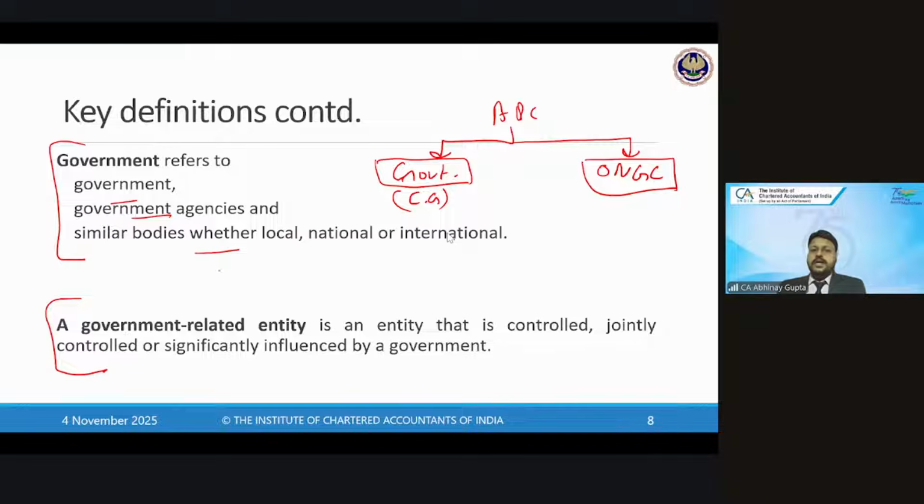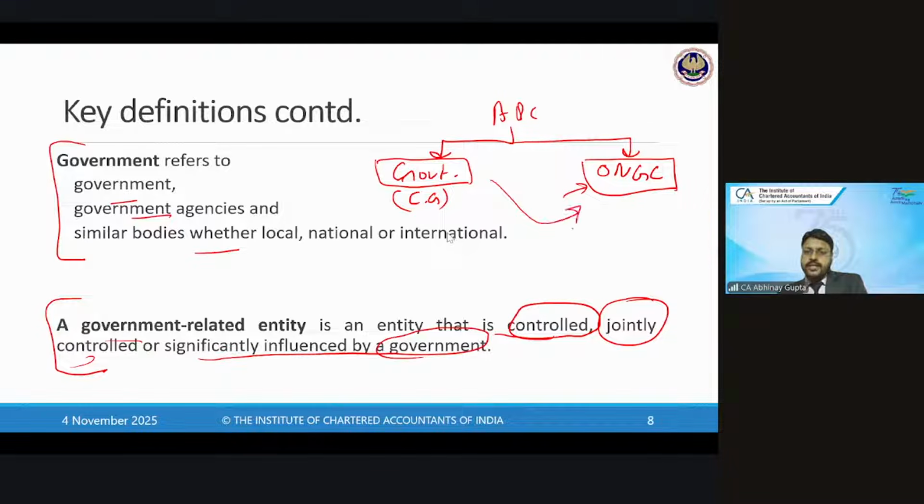A government related entity is an entity that is controlled, jointly controlled, or significantly influenced by the government. If the government has a controlling stake in ONGC, it is a government related entity. If the government has joint control with other owners, ONGC is also covered.